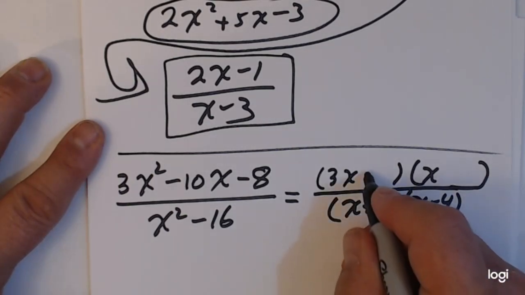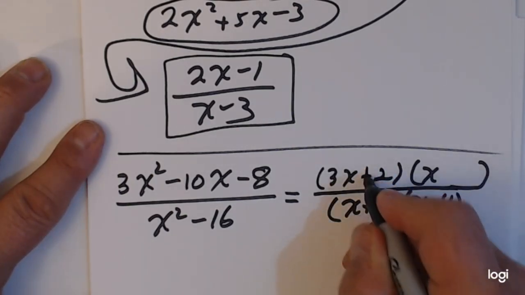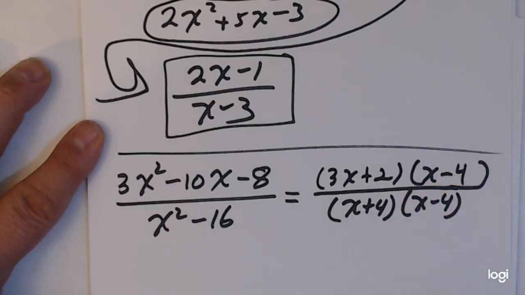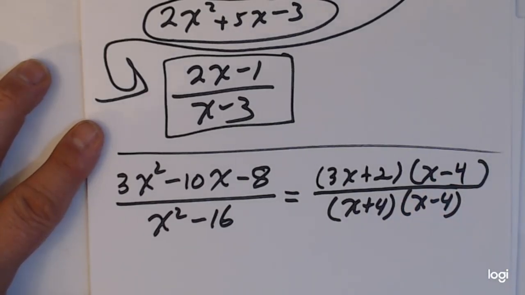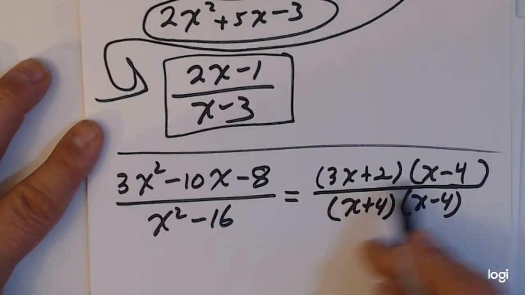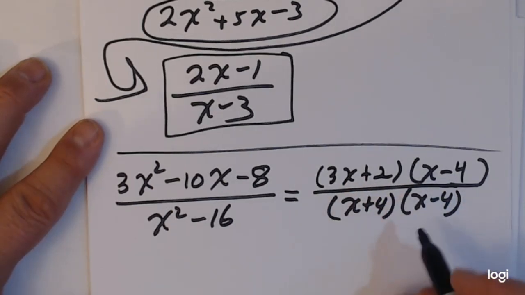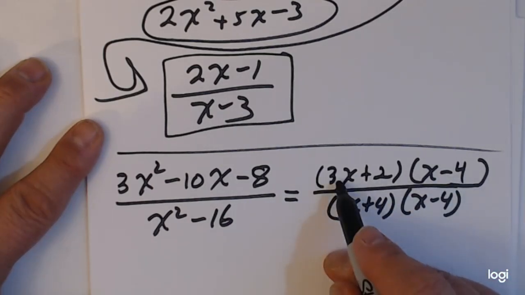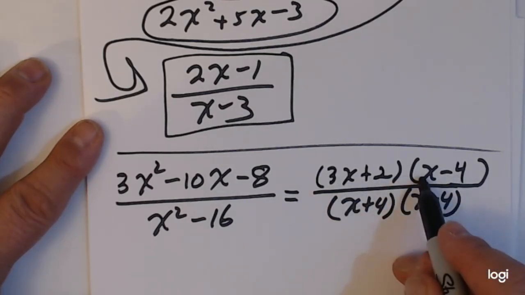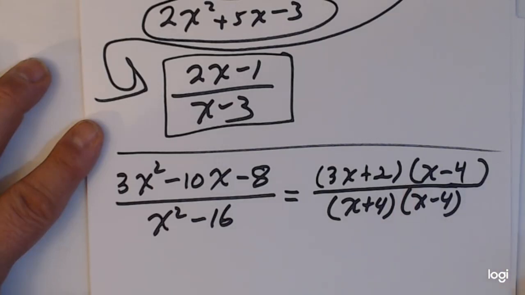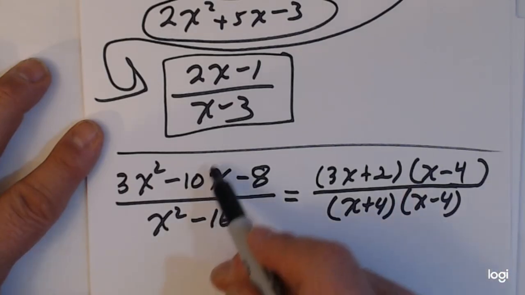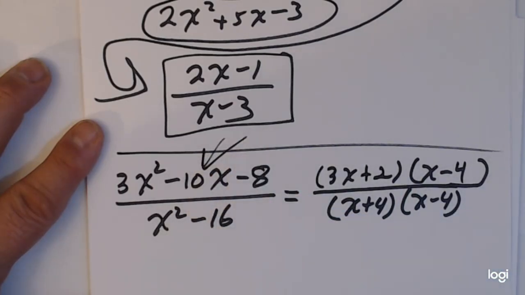So it's going to be plus 2 and minus 4. So that's going to give us 3x squared, first terms, when we FOIL. Outer terms, negative 12x. Inner terms, 2x. So negative 12 plus 2 is negative 10, and that's what we have right here.